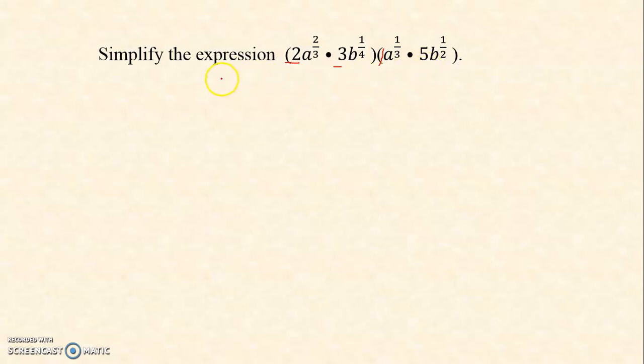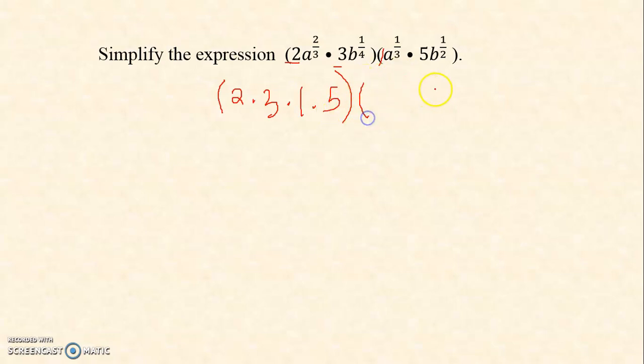Okay, to simplify this, we need to concentrate first on the coefficients. Multiply all the coefficients. We're going to write it: 2 times 3 times 1 times 5. Okay, that's the first thing that you must do. Concentrate first on the coefficients.